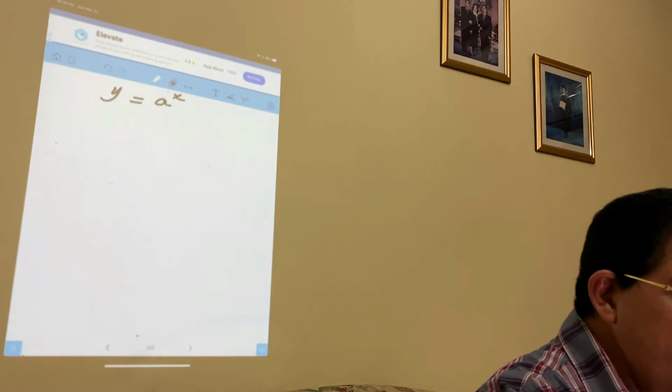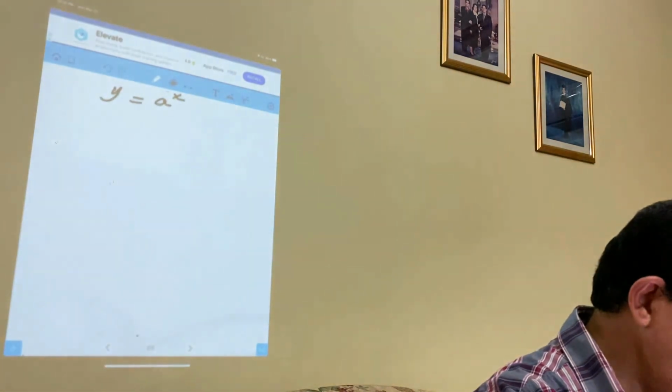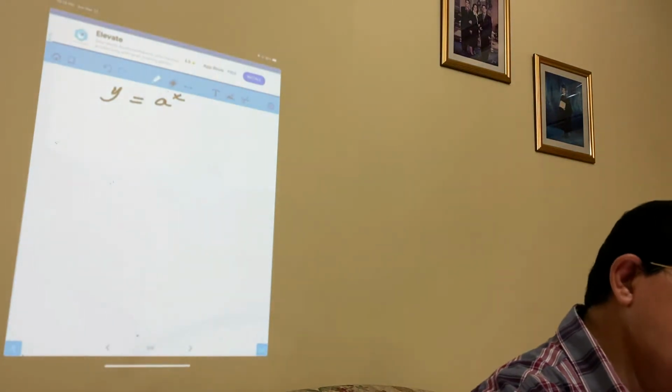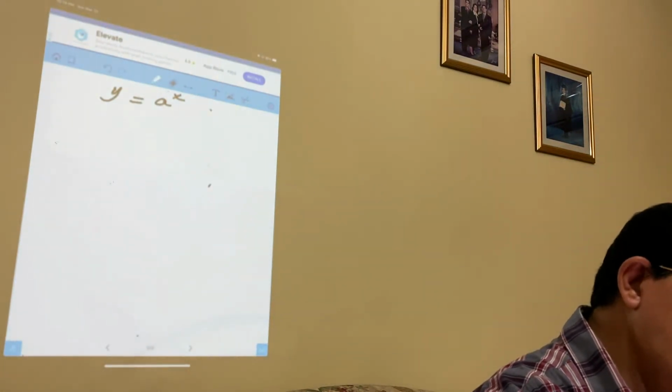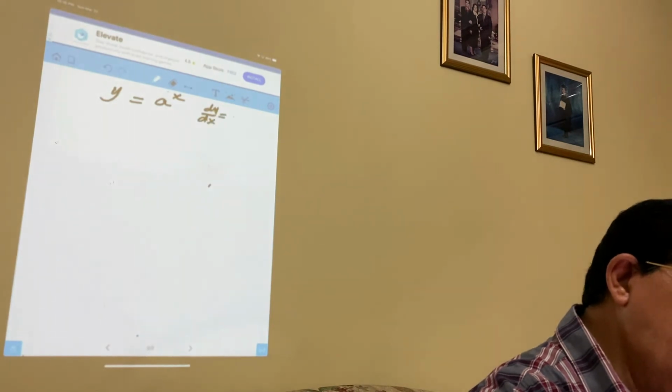Now, there are two ways to prove the rule. Anyway, the rule says dy by dx is a power x ln a.